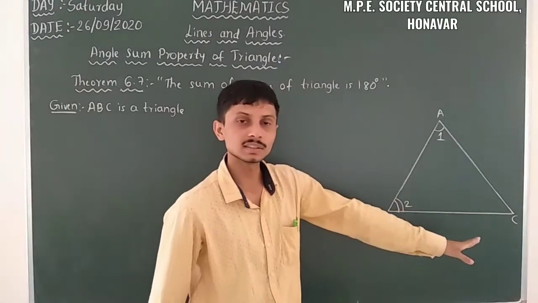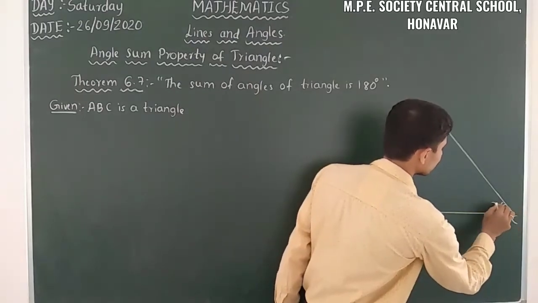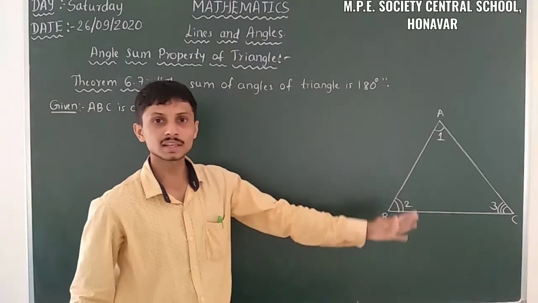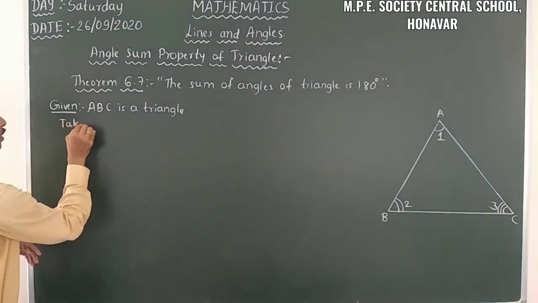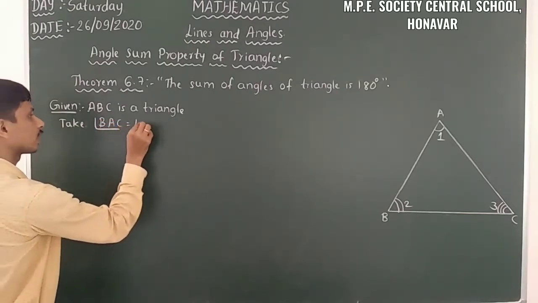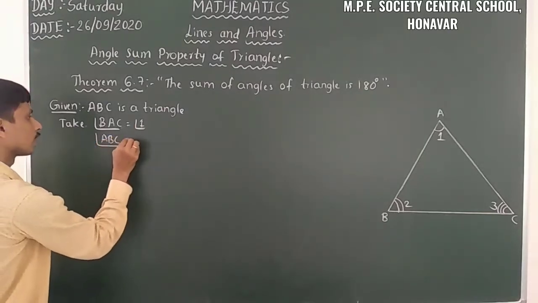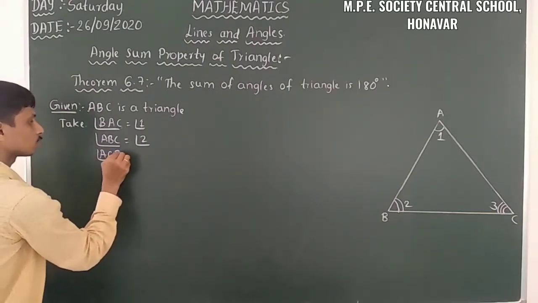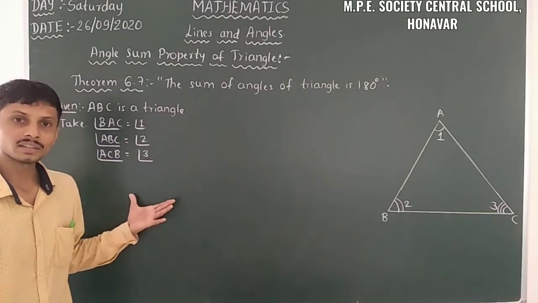Angle ABC is equal to angle 2, and angle ACB is equal to angle 3. So here we have the given terms.